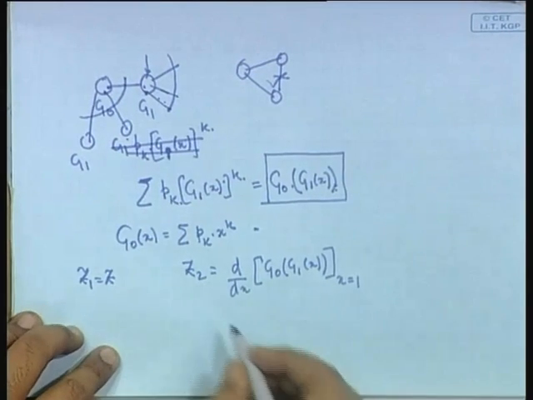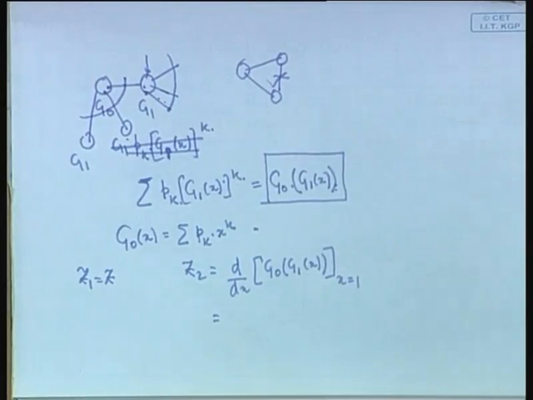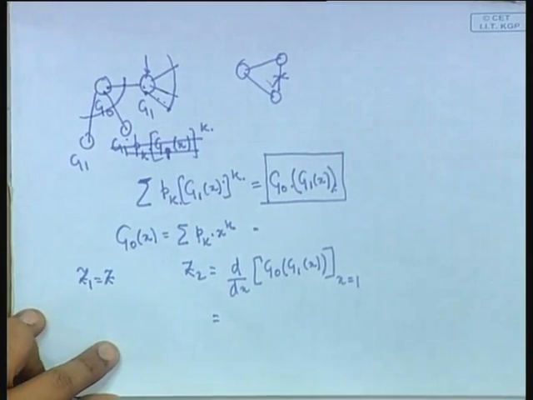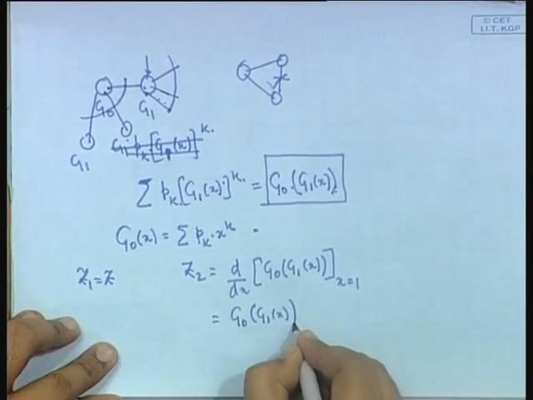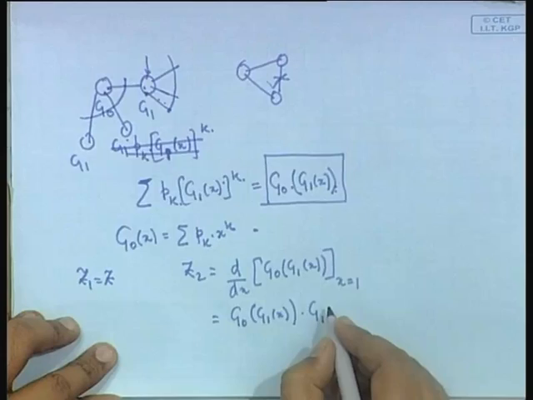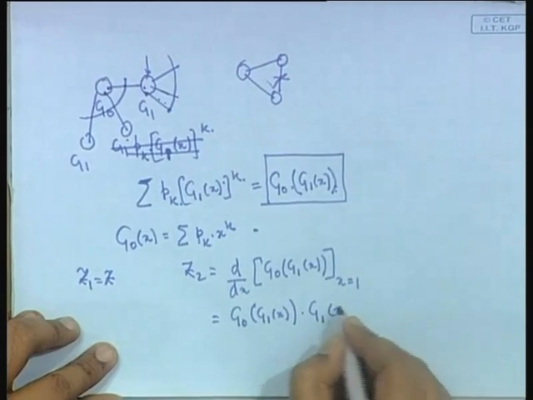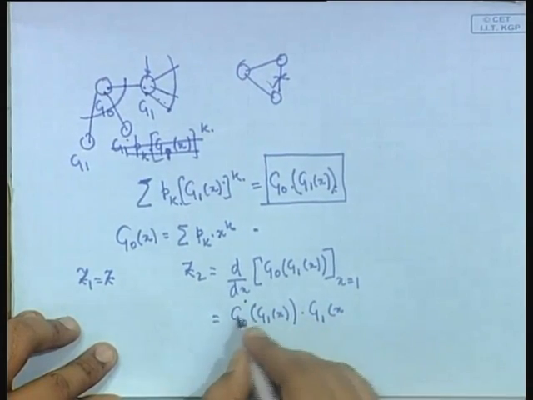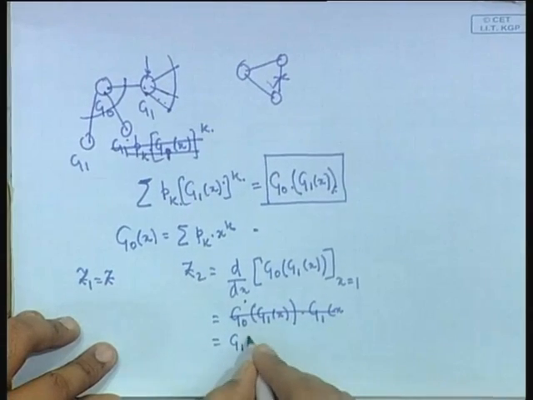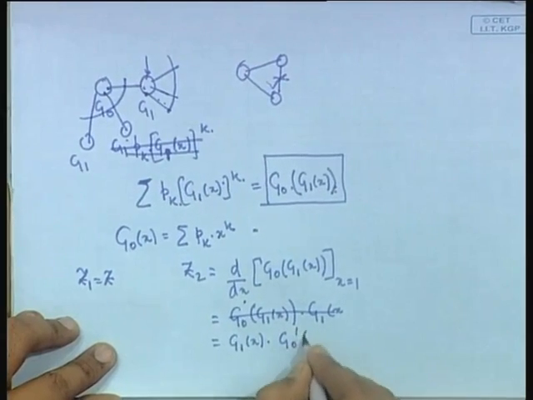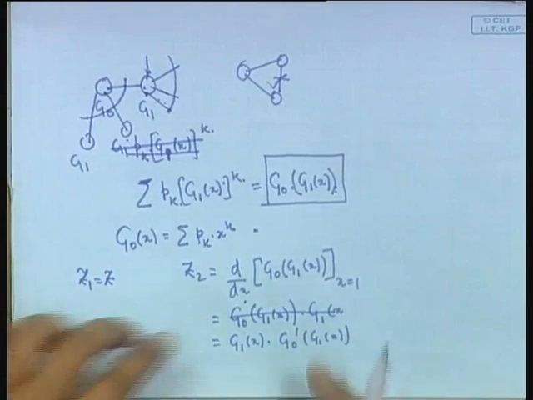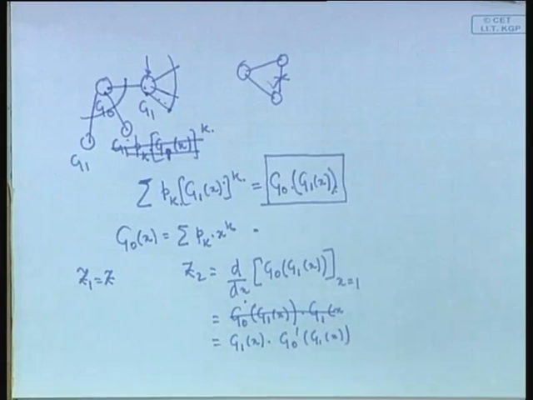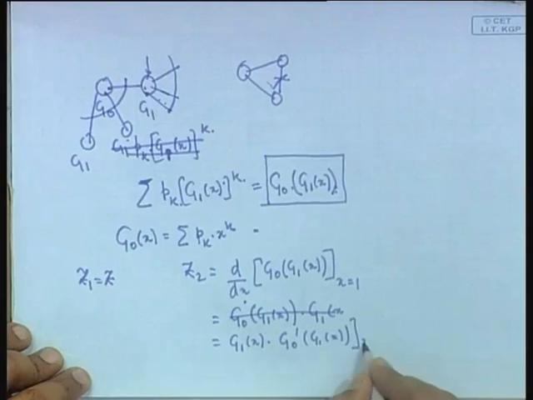Clear? And what will this be? So, g0 g1x, and it will be g1 dash x outside and g0 dash g1x. This thing comes outside, and x is equal to 1.